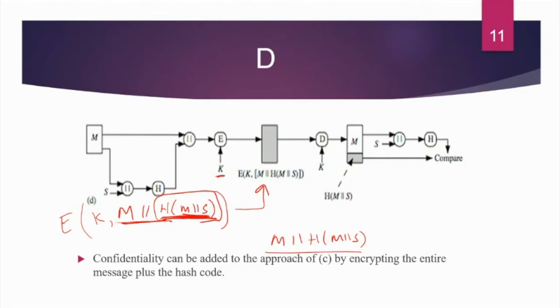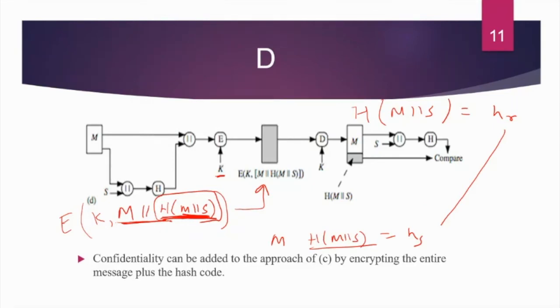At the receiver end, the receiver will first decrypt the data. After decrypting, he separates out M and H of M appended with S. Then with M, we first append S, calculate the hash, which gives us HR, and this value should be equivalent to HS. Compare these two values. In this way confidentiality can be added to the approach that we learned earlier.